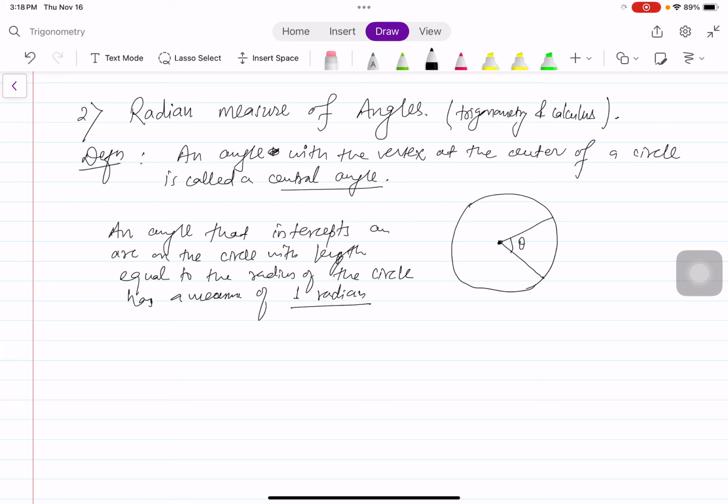This is the definition of 1 radian. It is denoted by 1 radian, or 1 rad, or simply 1. So these are the notations.